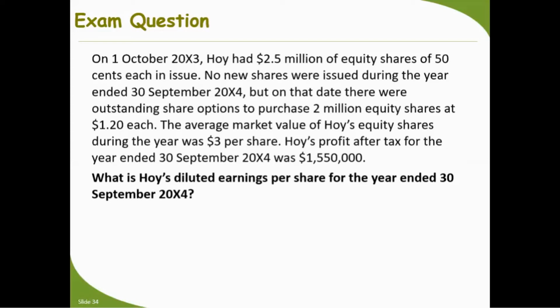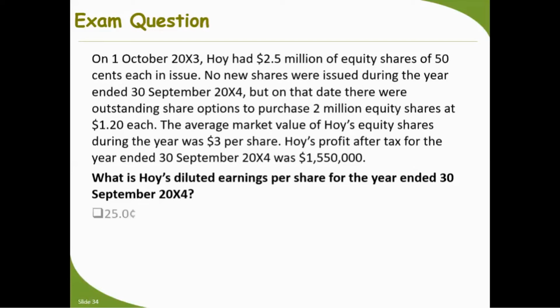The average market value of Hoy's equity shares during the year was $3 per share. Profit after tax for the year ended 30th September 2024 was 1.55 million. What is the diluted EPS?